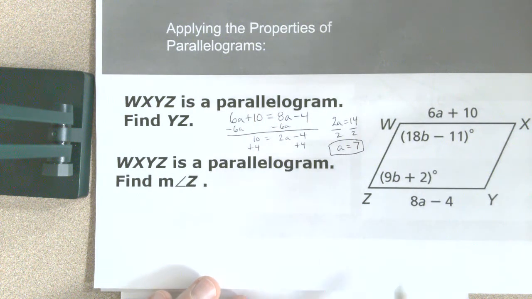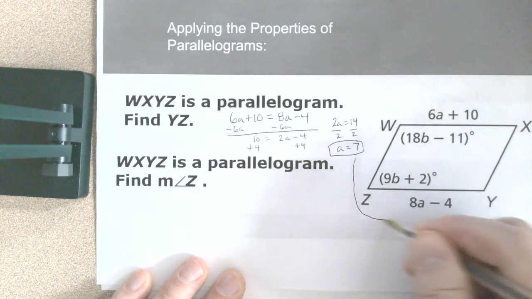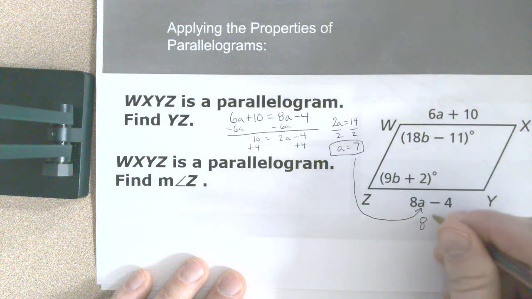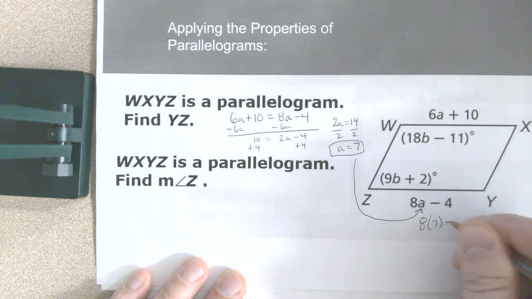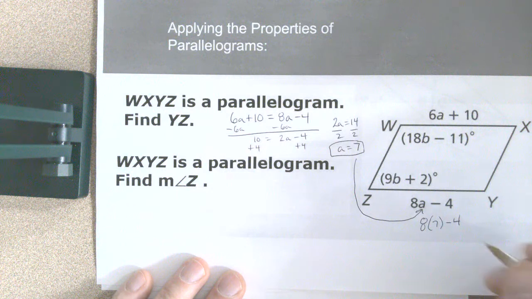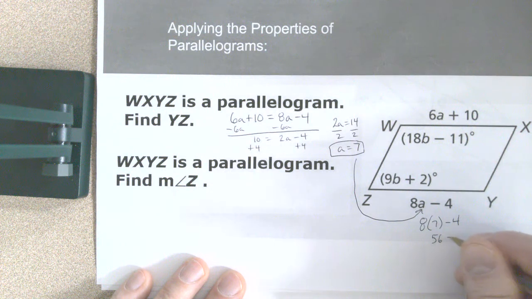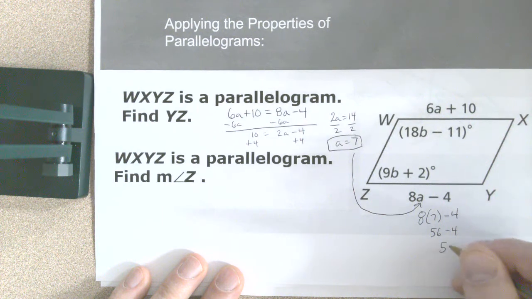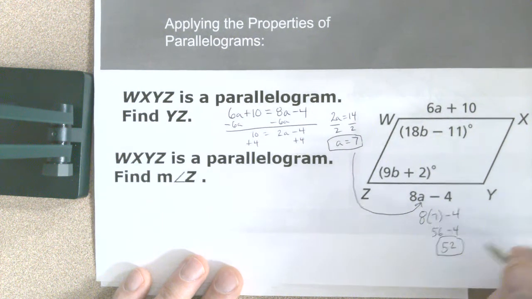Again, they're wanting to know the length of YZ. So I'm going to take that 7 and put it right back in here for A. So 8 times 7, which is 56, minus 4, tells me that YZ is going to be 52.